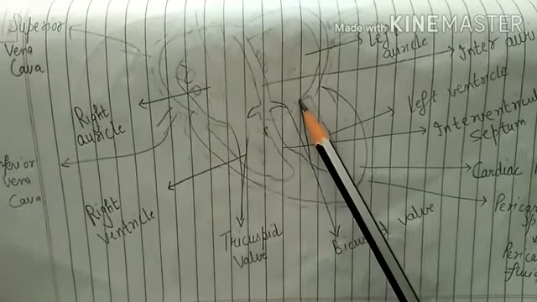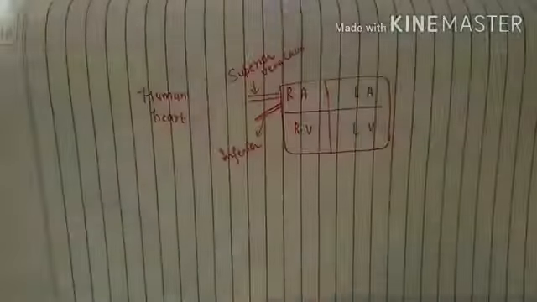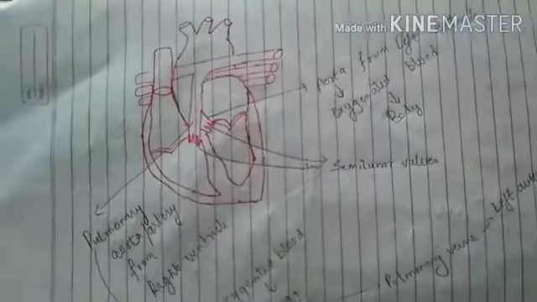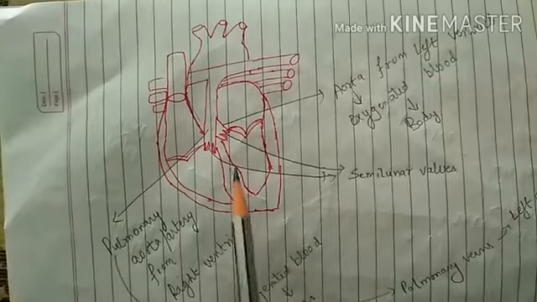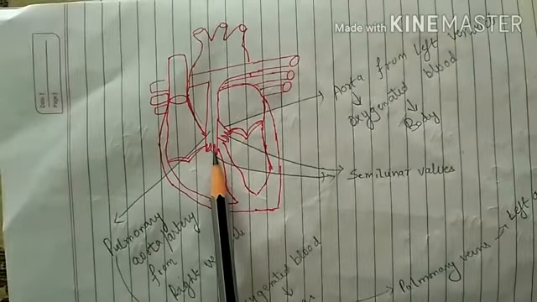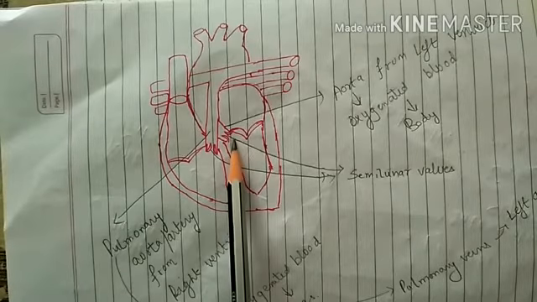To understand this, let us focus on another diagram. Semilunar valves are present at the base of the pulmonary aorta and aorta respectively.